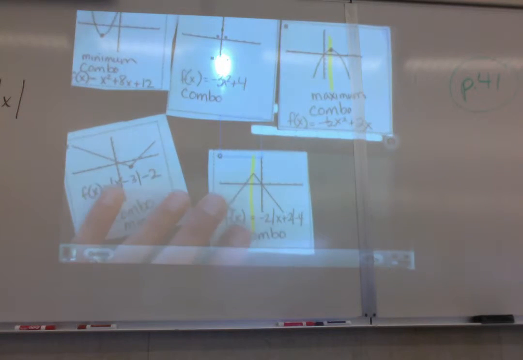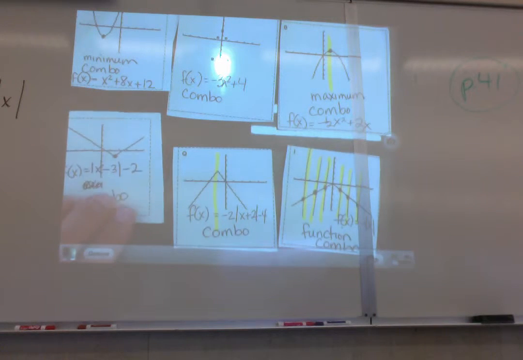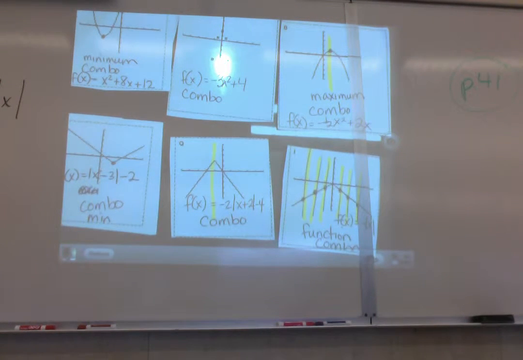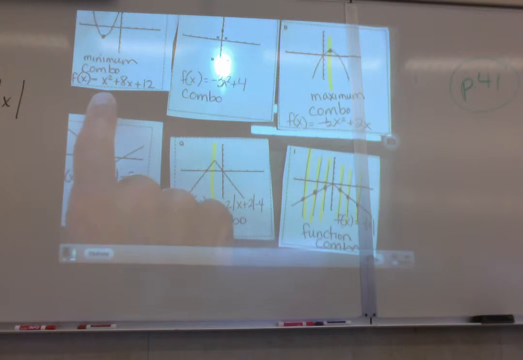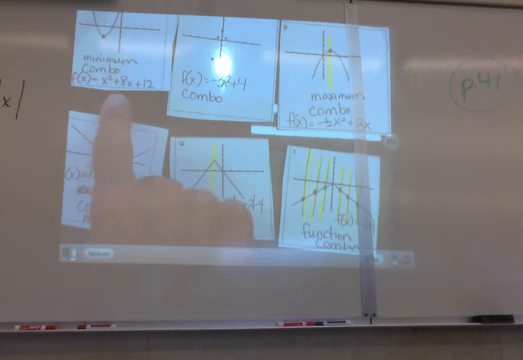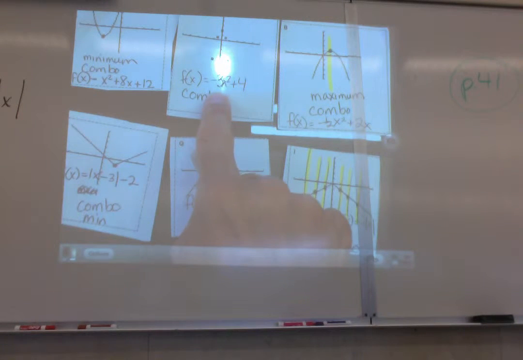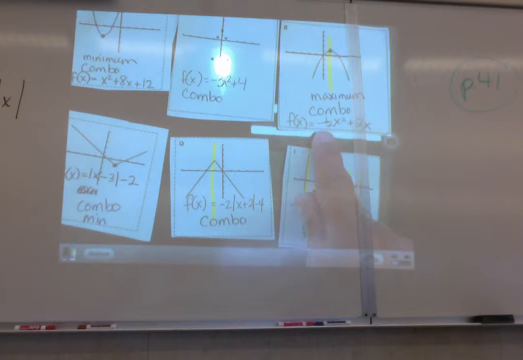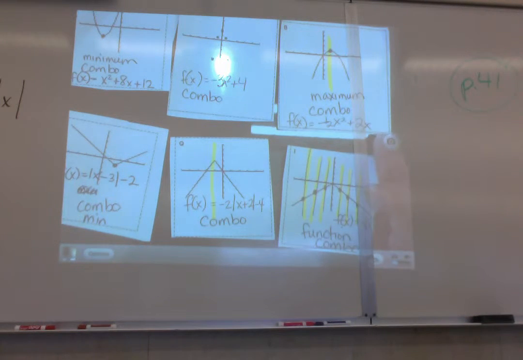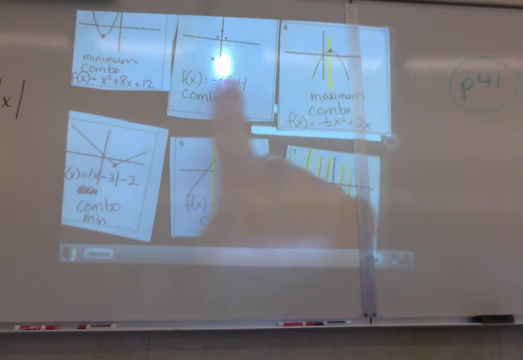How about I? If I look at this one, x squared plus 8x plus 12, and this one, negative 3x squared plus 4, and this one, negative 1/2 x squared plus 2x. Is there something those three have in common?